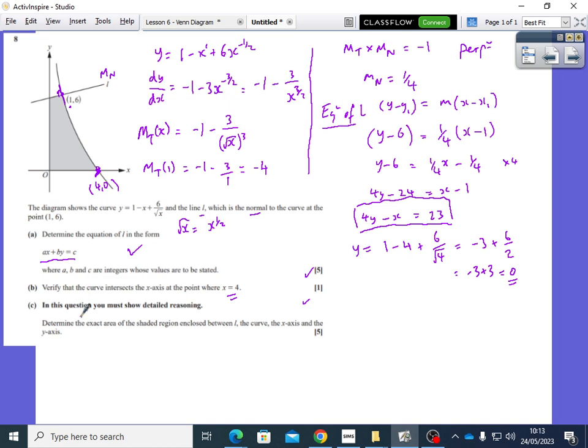Okay, next. Find the exact area of the shaded region enclosed by L, the curve, and the axis. Okay, so let's do this in two parts. First of all, I'm going to bring that down.